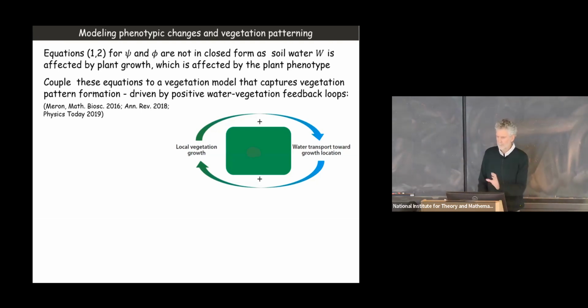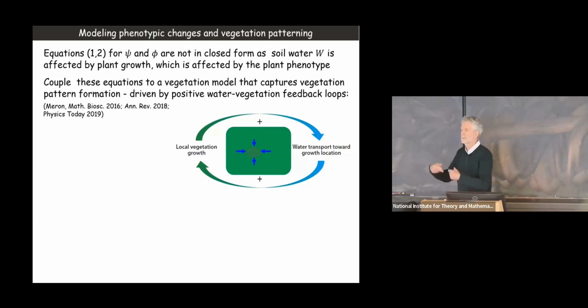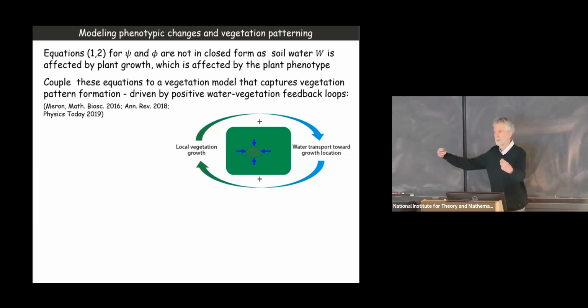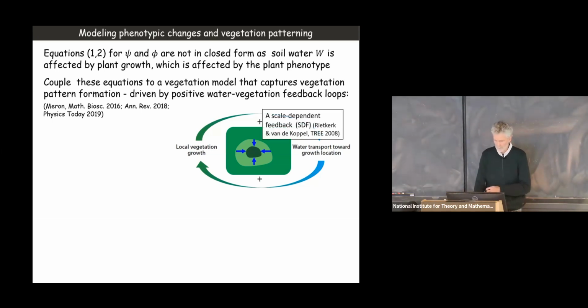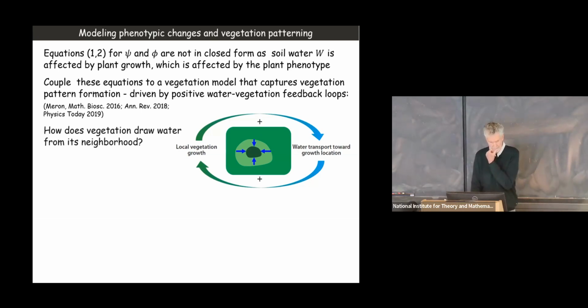If, by chance, we have a patch of denser vegetation, according to this feedback loop, that patch will draw more water from its surrounding than the surrounding does. So there will be net transport of water to that patch, which will increase its density, but at the same time decrease the density in the surrounding. This is a so-called scale-dependent feedback. It has a positive effect on short scales and a negative effect on larger scales.